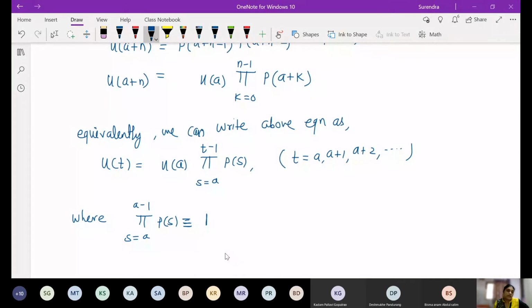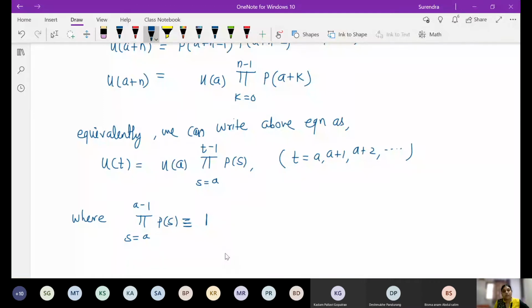Okay. When t is equal to a plus 1, it will just be u at a into p at a. When t is equal to a plus 2, it will be u at a, p at a plus 1, p at a, and so on. Is that okay?